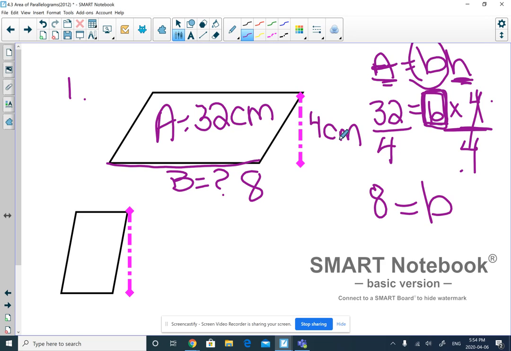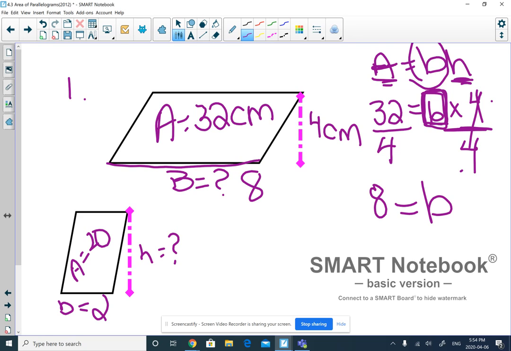Okay, so let's do another one here. Let's say that the area of this is 20, and let's say the base is 2. What is the height?